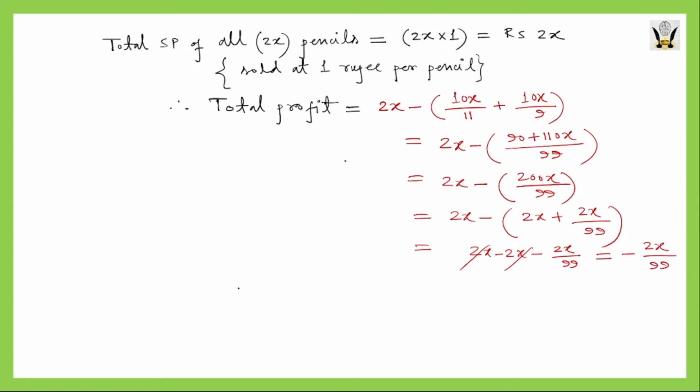So here what we can see is, we assumed we are gaining some profit out of this transaction, but the value of this profit is coming out negative. Negative profit means basically we are facing some loss, and that loss will be 2x divided by 99.